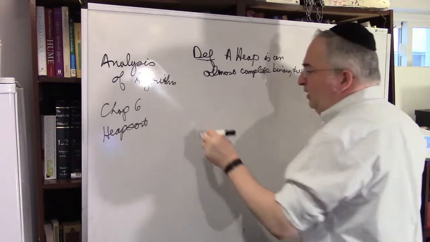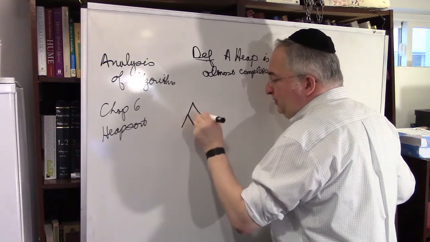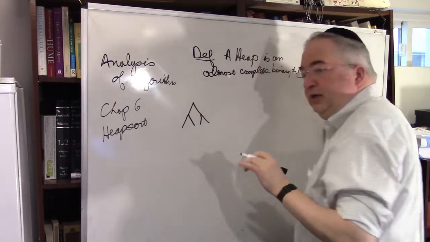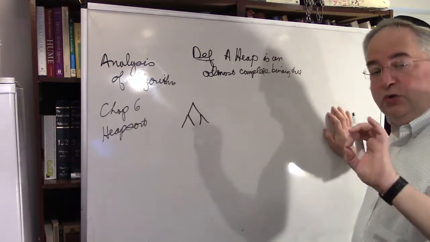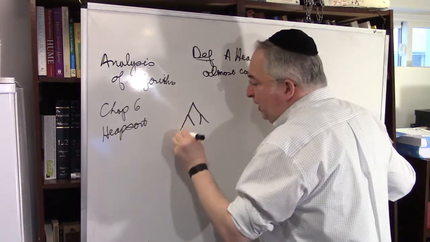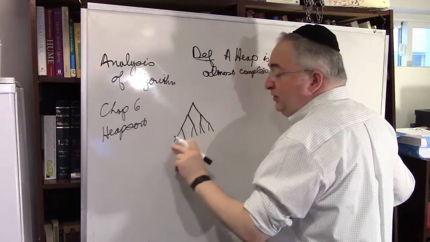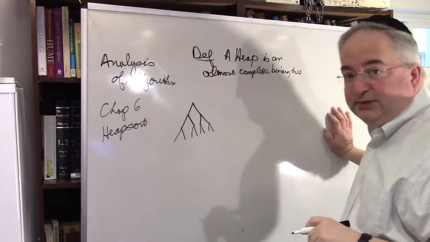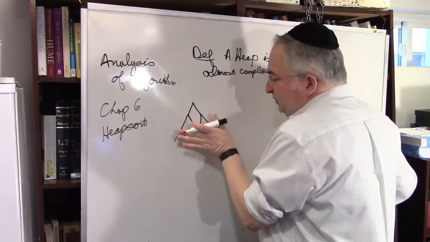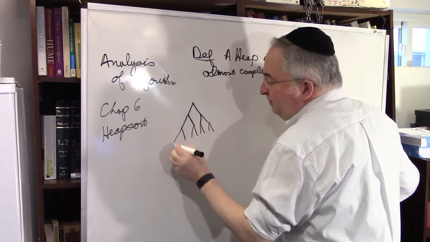What's a binary tree? A binary tree is a tree where each node has 0, 1, or 2 children. A complete binary tree is where everybody has 2 children except, of course, at the leaves. In other words, it stops. So this is a complete binary tree, that's a complete binary tree, that's a complete binary tree.